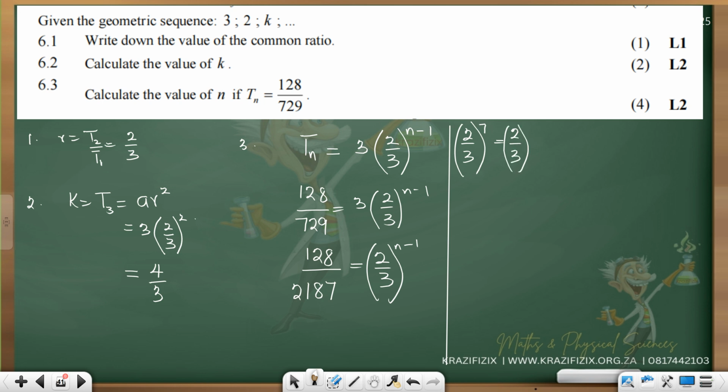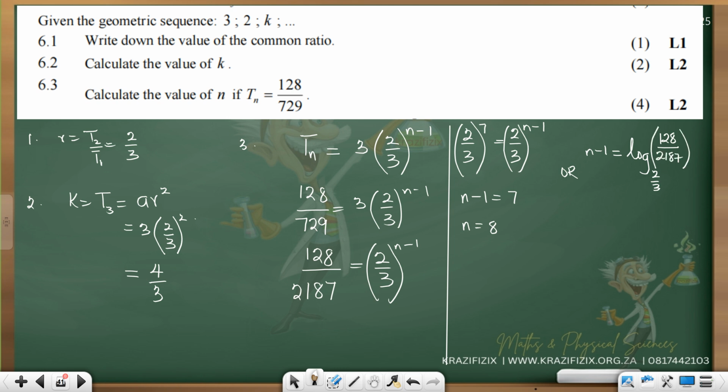So I'm using grade 10 and grade 11 knowledge here. N minus 1 equals 7, so N equals 8. Or N minus 1 equals the log to the base 2 over 3 of 128 over 2187.